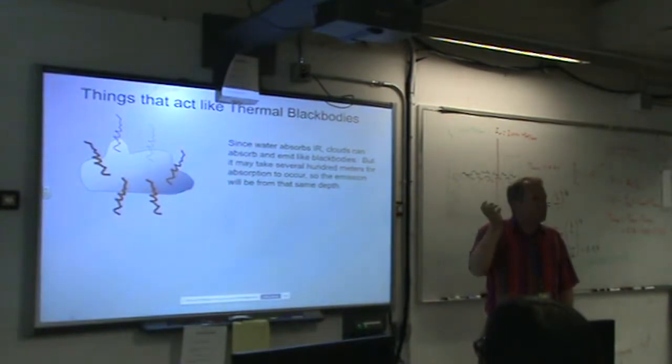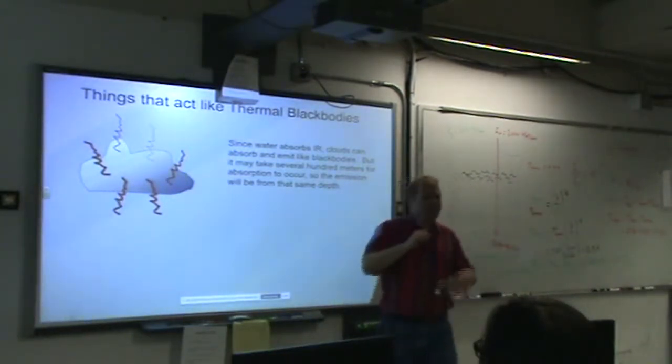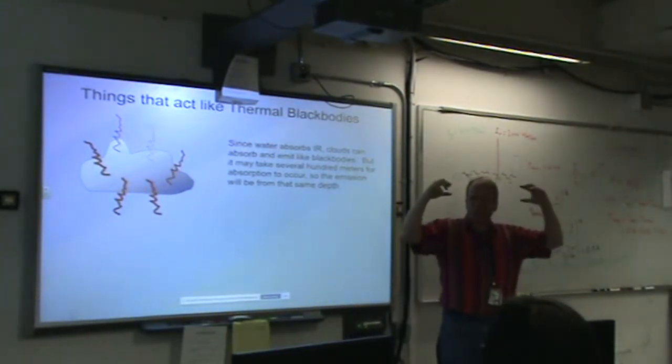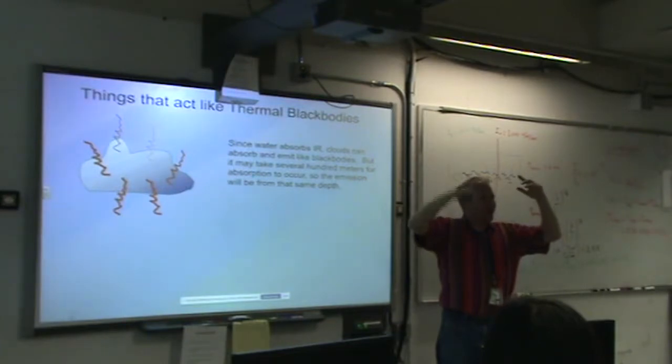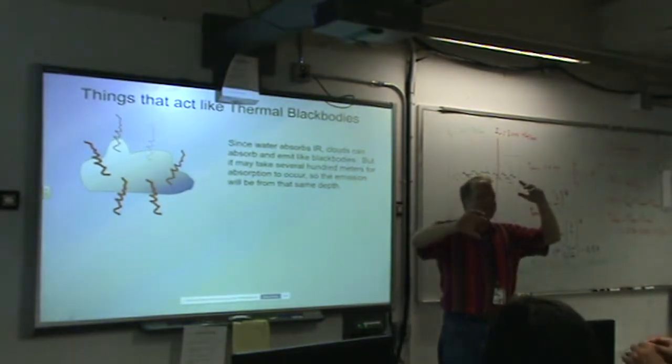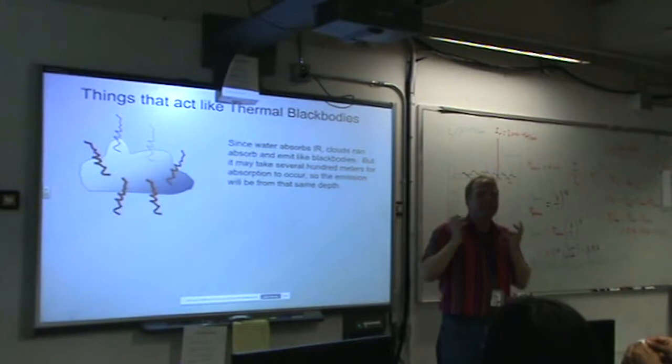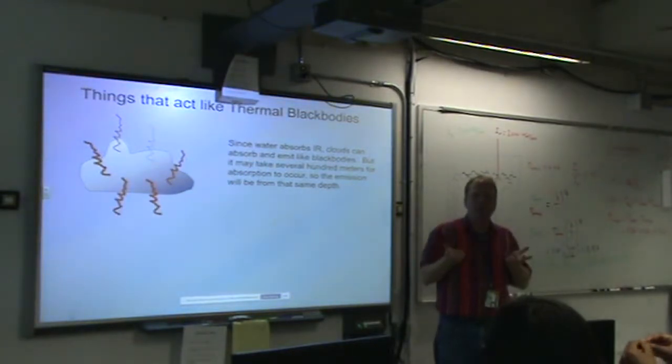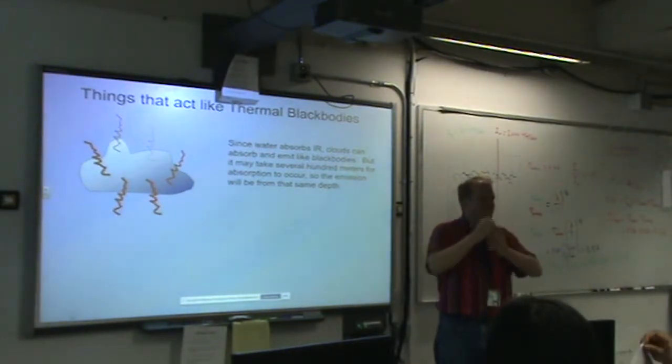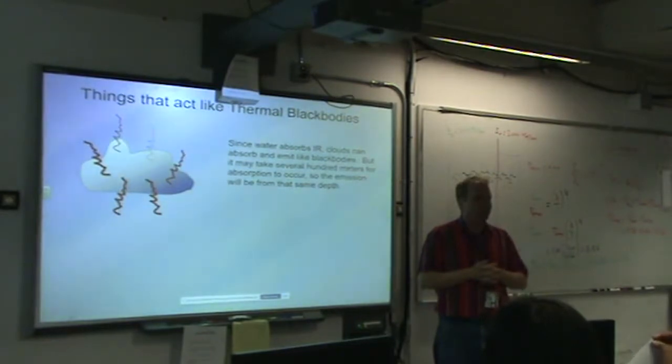It would behave like a perfect absorber in the infrared, not the visible, but at least in the infrared. Now, of course, the very edges of a cloud are not absorbing everything. You actually have to get at least one optical depth in there. And if you're looking at the temperature of a cloud and the radiation, it's like it's coming from deeper inside the cloud, is what we see. Okay?